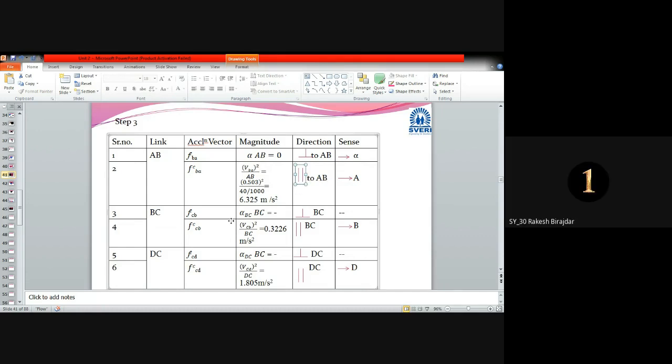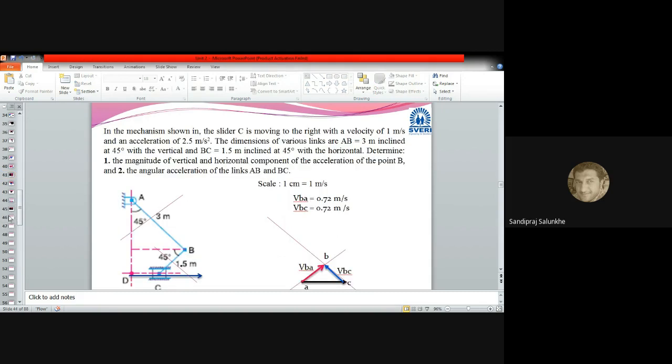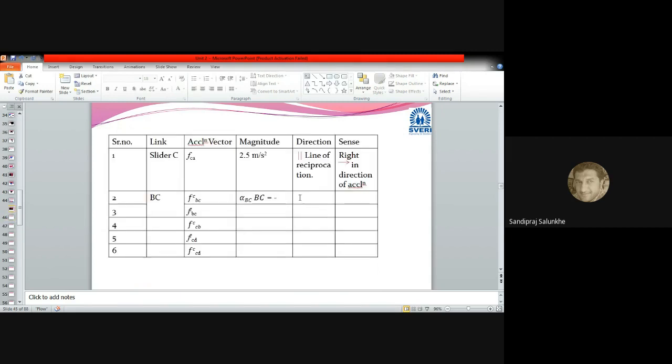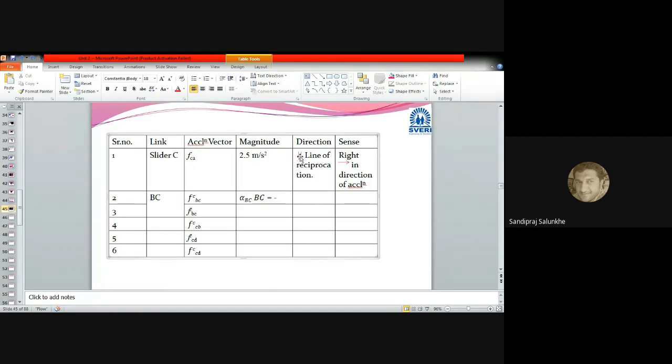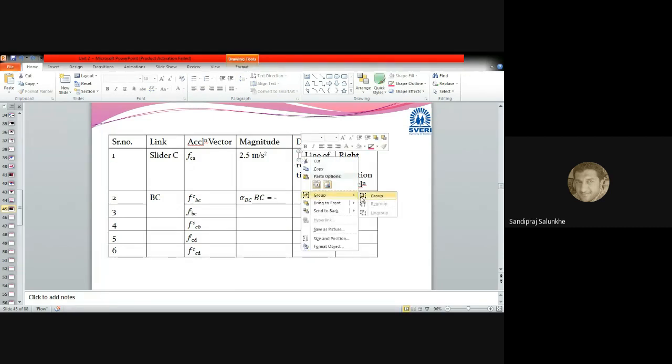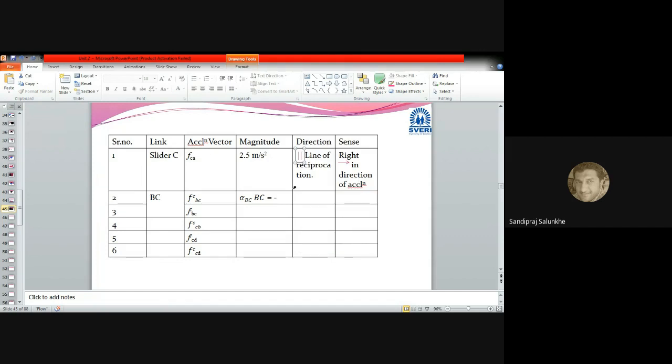All centripetal components are parallel to the link, so parallel to BC.